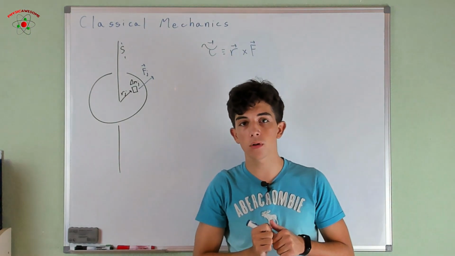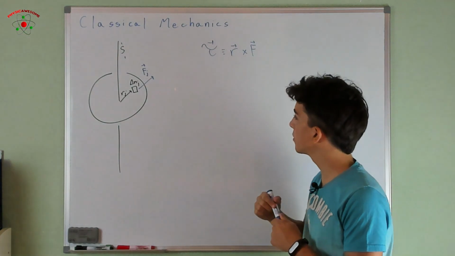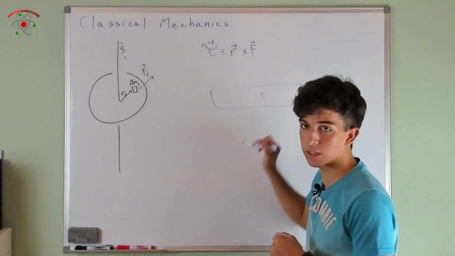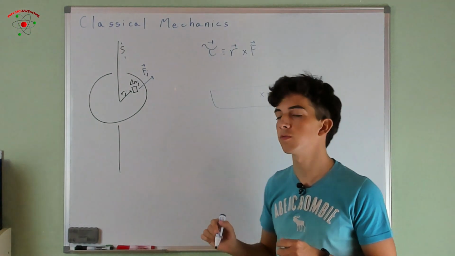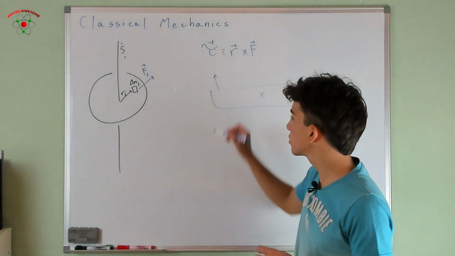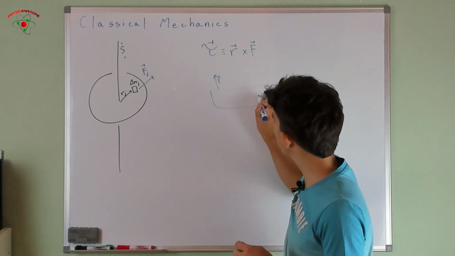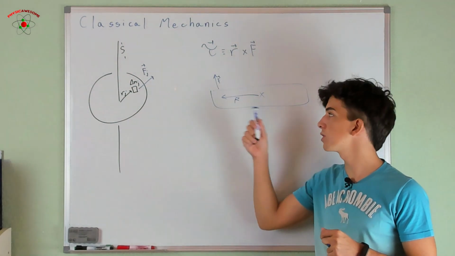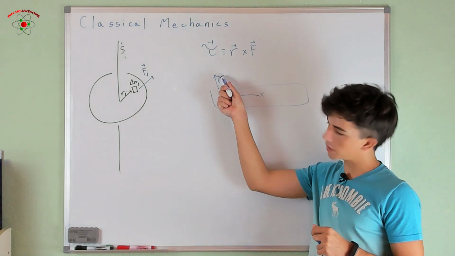For example, if you have some object and you have over here the center of mass, which is going to be its axis of rotation, and you are putting a force over here, the torque is going to be the cross product between the position from the axis of rotation to over here with this.